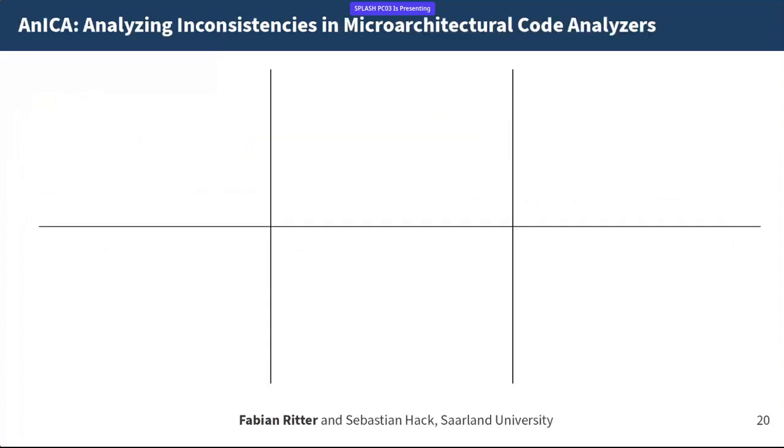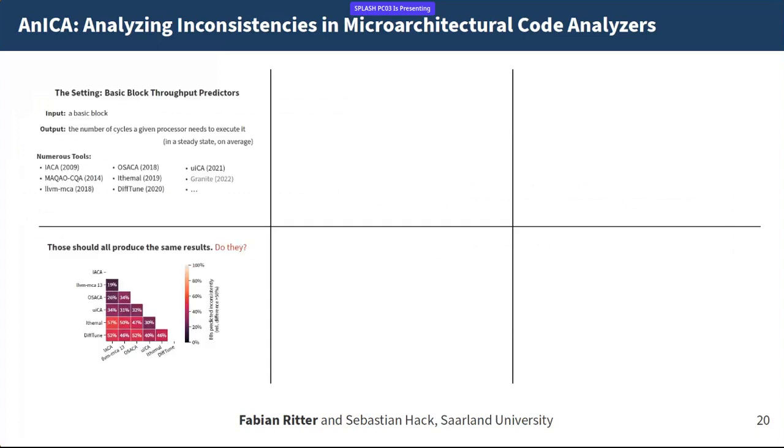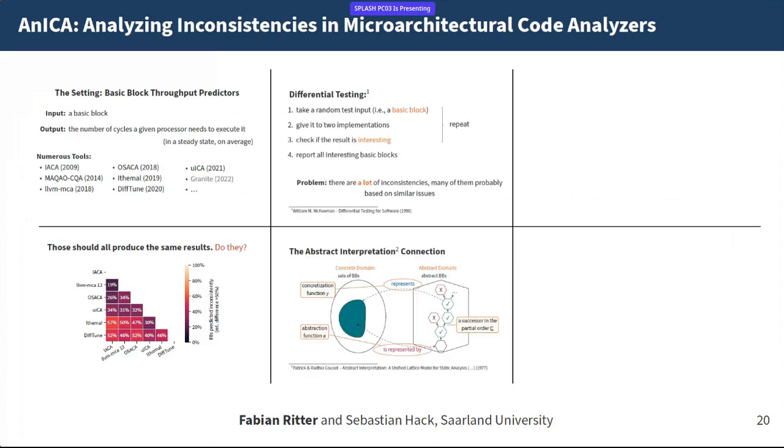So to summarize what we've seen, these basic block throughput predictors, they are numerous, but they quite often don't really agree on the basic blocks that they get in their predictions. We therefore used techniques from differential testing and also a technique inspired by abstract interpretation to come up with a method of characterizing these things automatically.